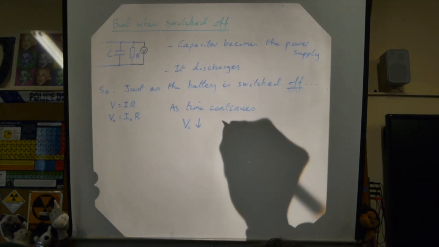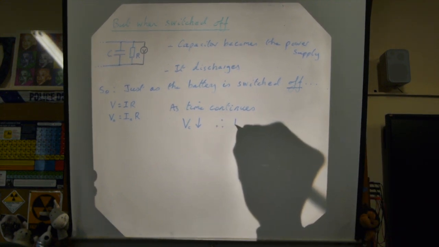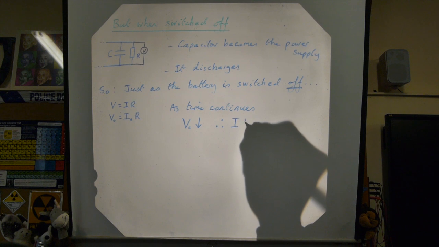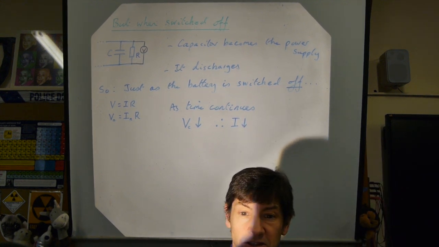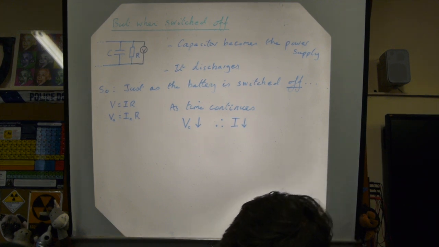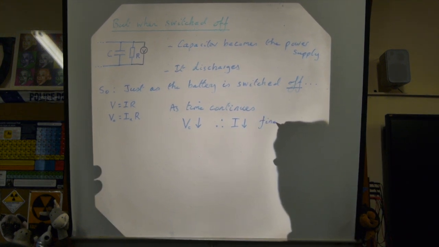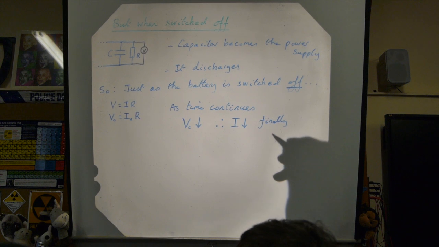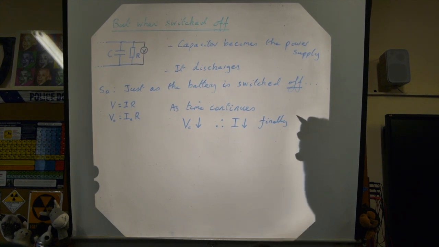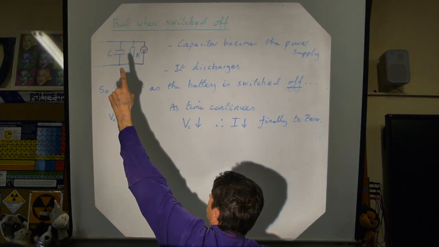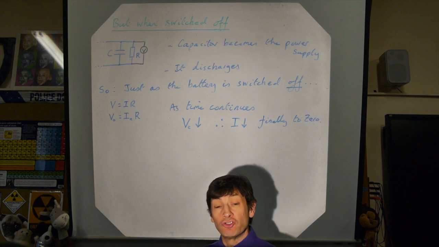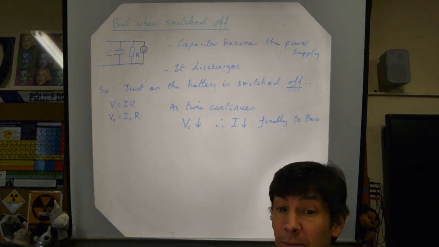So if you think about it, the current in this circuit will go down because the resistance stays the same in the resistor. And finally, it will go to zero as all the charge has moved through the resistor and has neutralized the other plate on the capacitor.